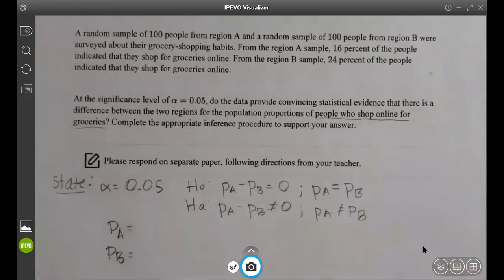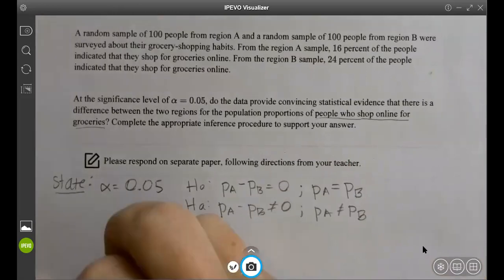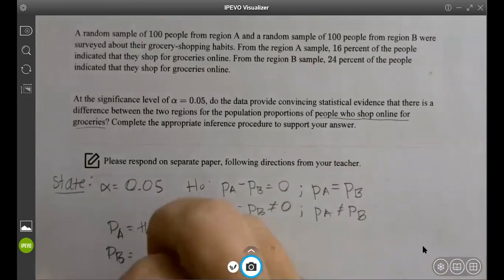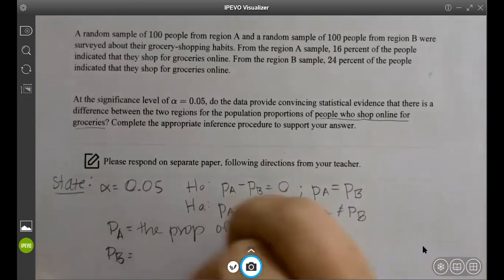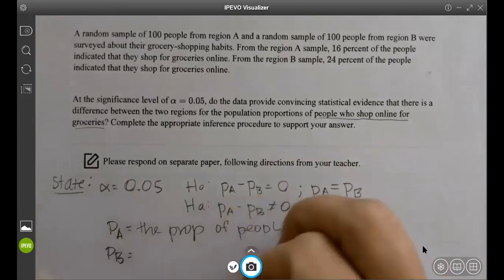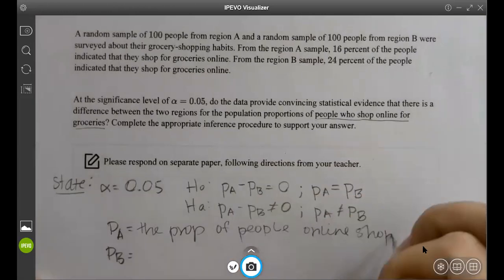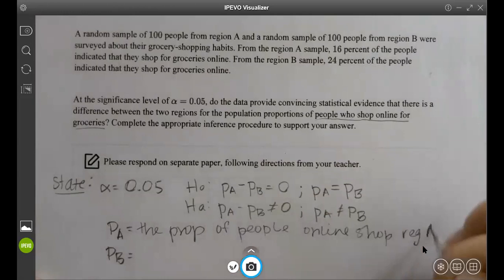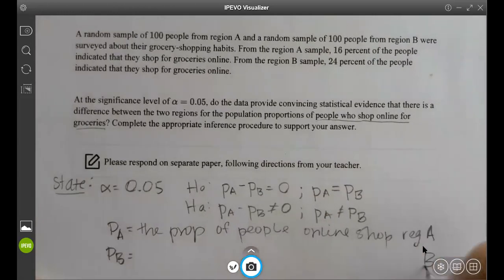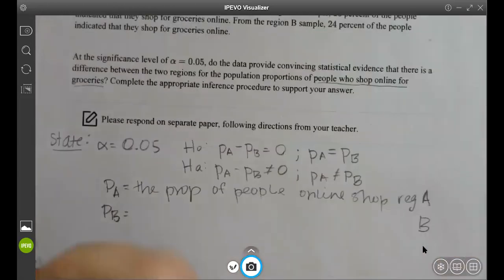The proportion of people who shop online for groceries in Region A. You have to say it all. Okay. So the proportion of people who shop online for groceries in Region A, and this one will be Region B. So they're going to be exactly the same. So there's your state.